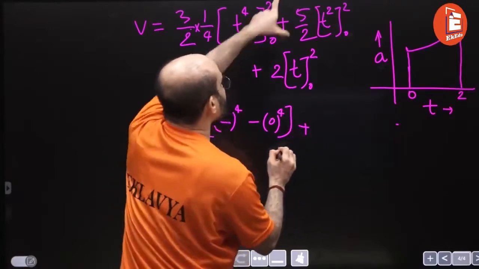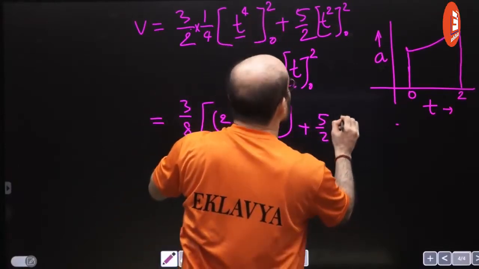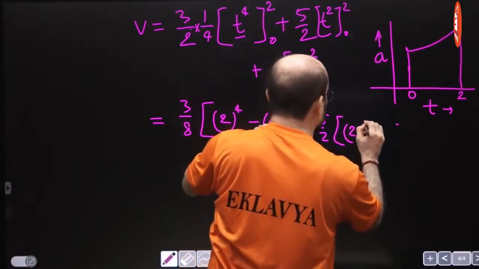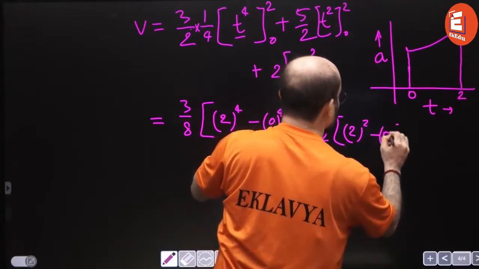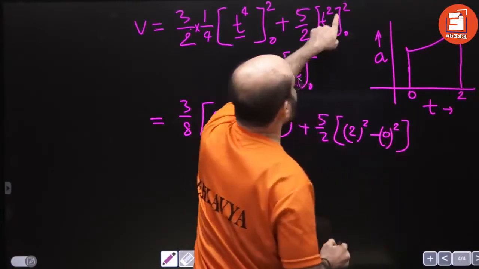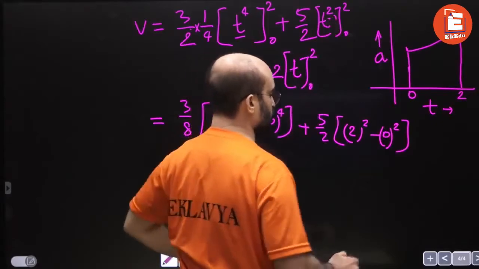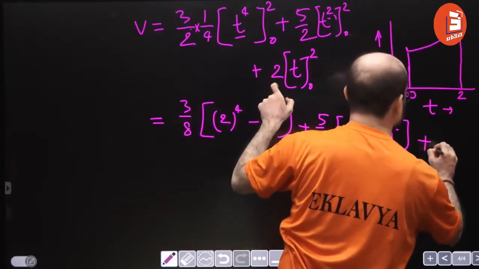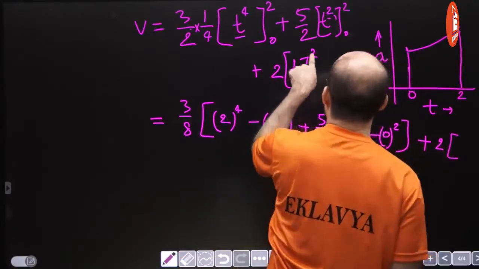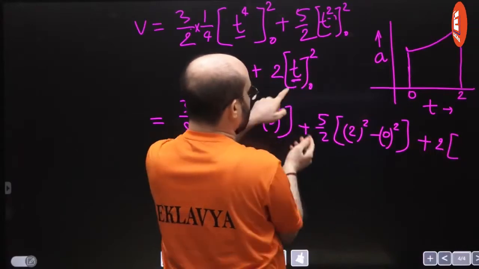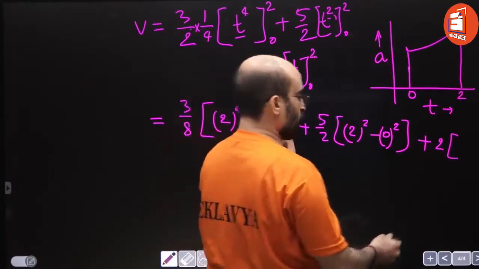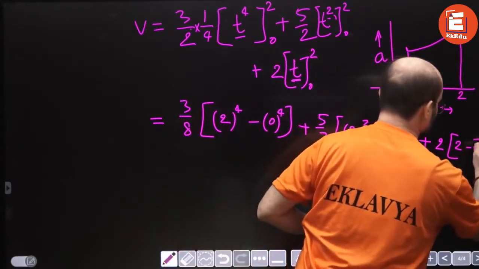Plus 5 by 2, then 2 raised to power 2 minus 0 raised to power 2. Whatever the exponent is, you need to keep that in mind. Plus 2 into upper limit minus lower limit, so 2 minus 0.